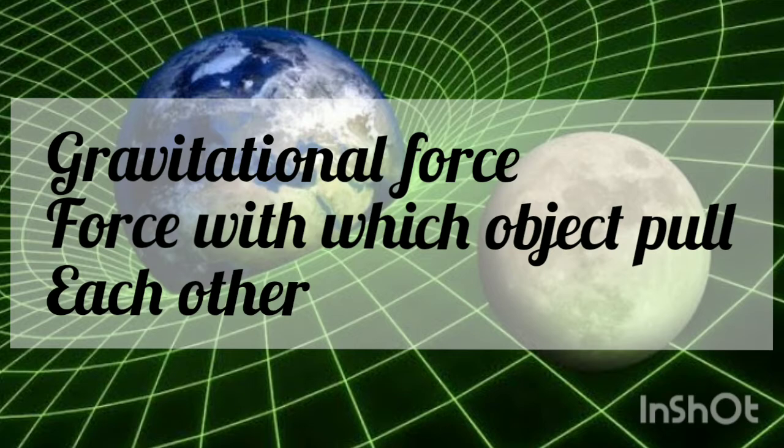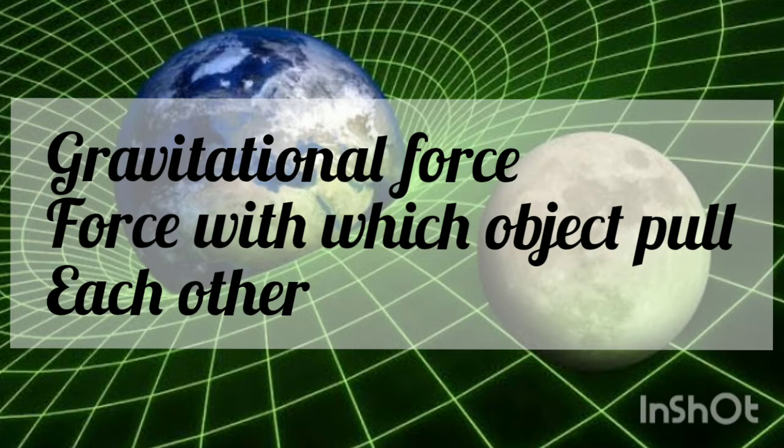Also, gravitational force makes the earth move around the sun and makes the moon go around the earth. In fact, our weight is the gravitational force acting on us. So what is meant by weight? Weight means the gravitational force of the earth acting on us.